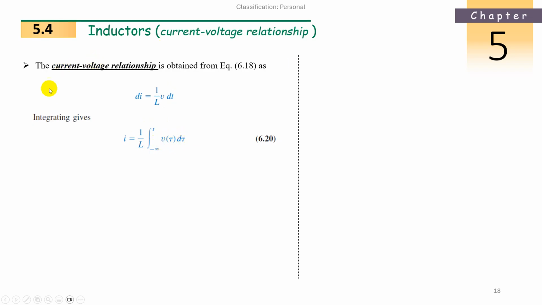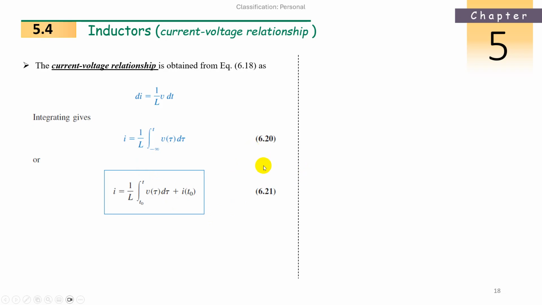Now when we are integrating, there should be an initial condition we have to take care of. So we can write this integration as 1 by L, integral from t0 to t, meaning the starting time to the end time, of v of tau d tau, plus i of t0. What is t0? It is the initial condition.